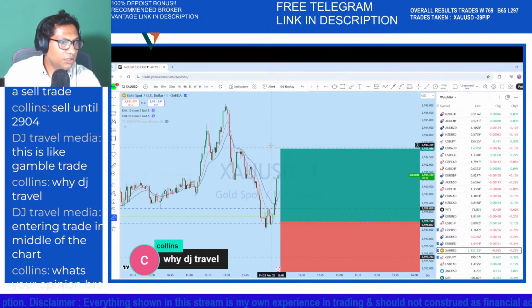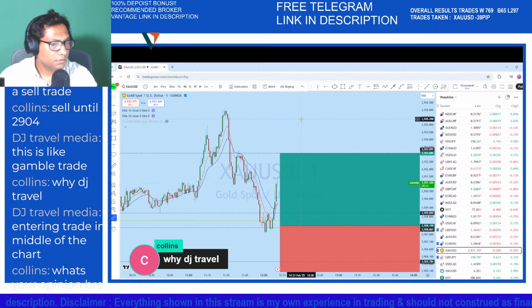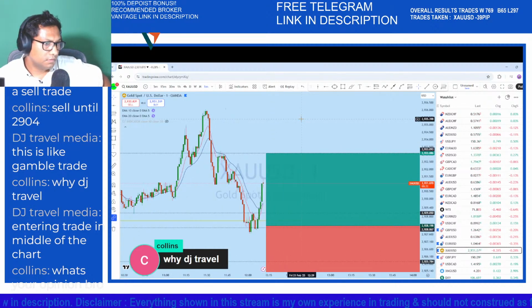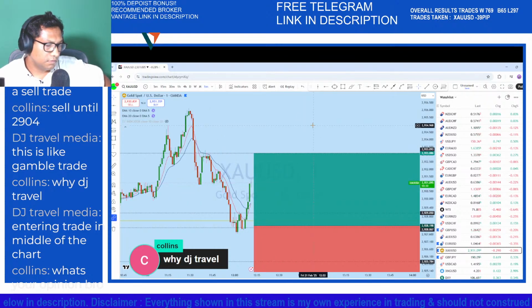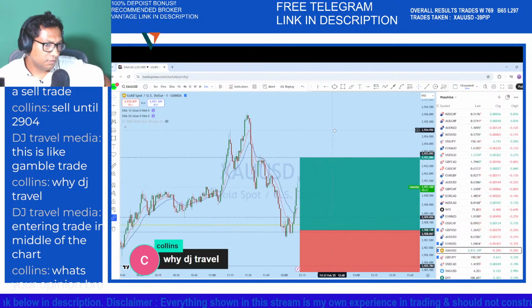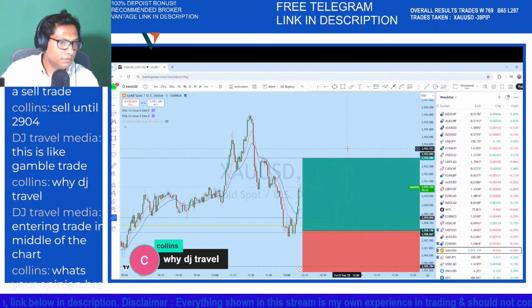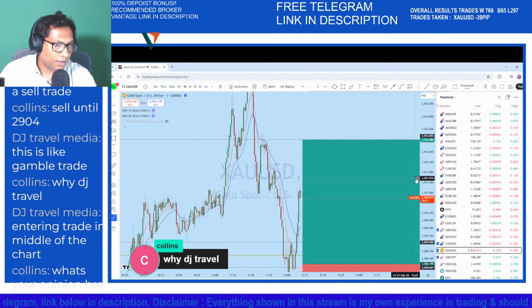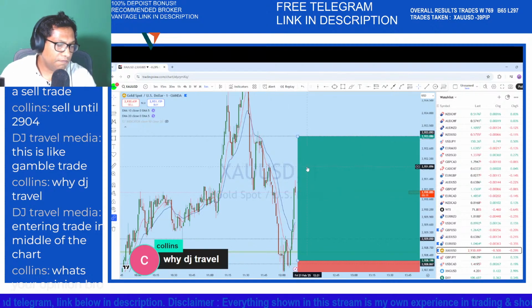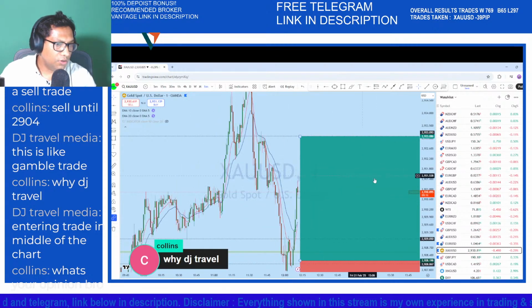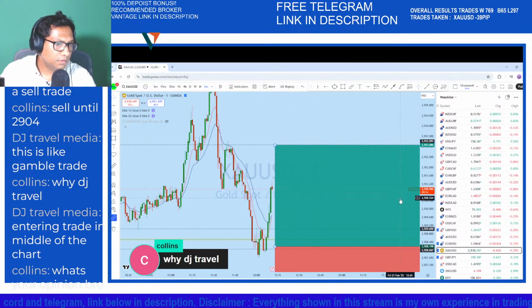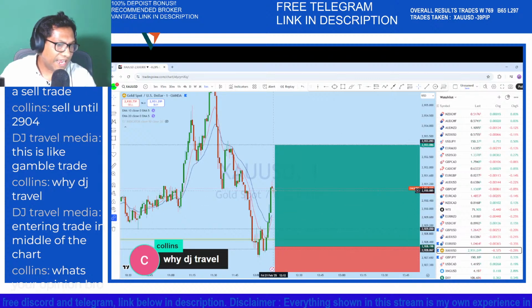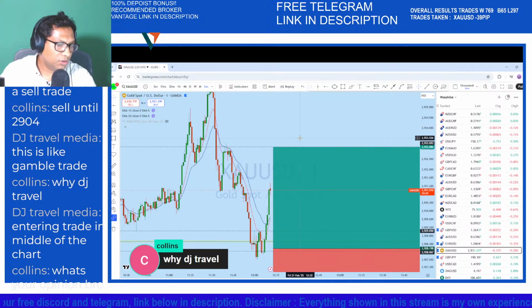Okay, this is a liquidity zone. All right, so we're waiting for this to bounce back up to that liquidity zone. And on this one, waiting for it to close as a narrow doji so that the next one bounces back up.